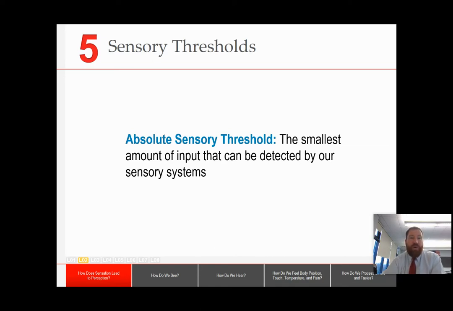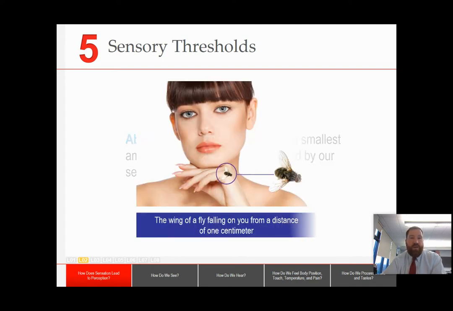Some people are better than others, but in general, here are the absolute thresholds for the smallest amount of input that our sensory systems can detect under ideal circumstances for the five senses. Your skin will just barely feel the wing of a fly falling on you from a distance of a centimeter. That's the absolute threshold for our sense of touch.